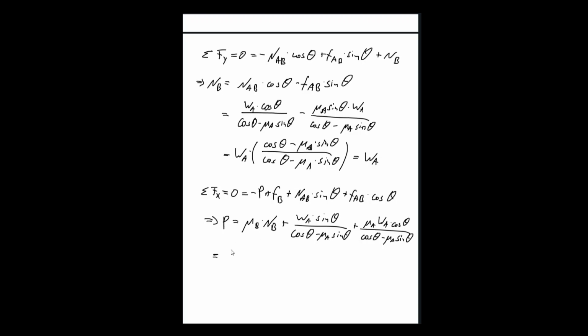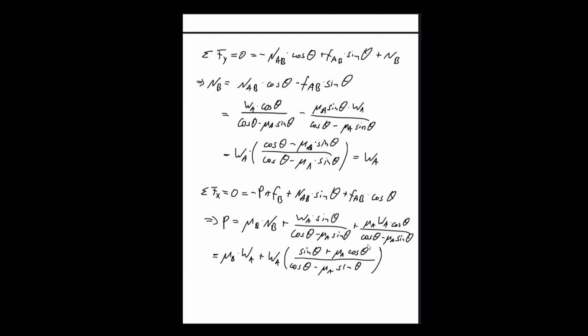So NB we know is WA, so mu B times WA plus, we can pull the WA out of here, WA times sine theta plus mu A cosine theta divided by cosine theta minus mu A sine theta.